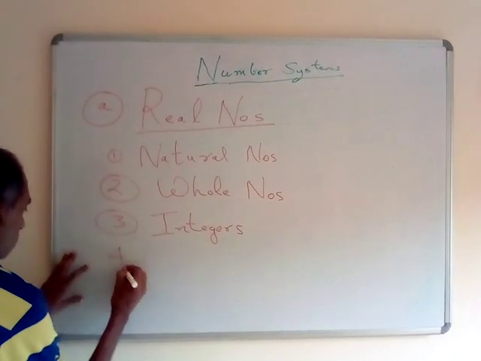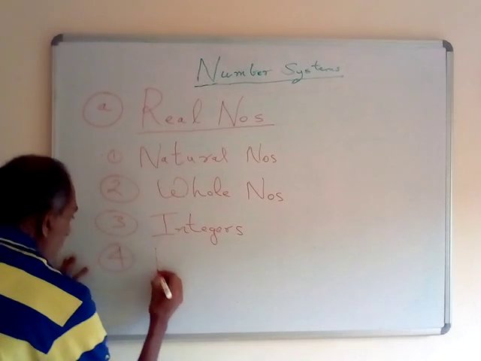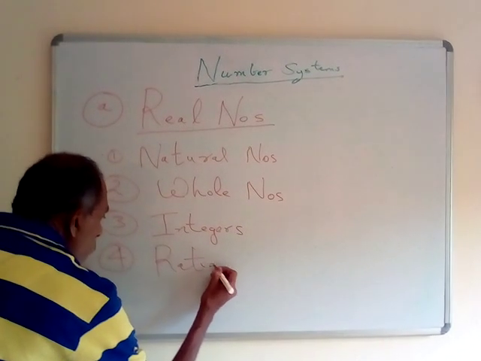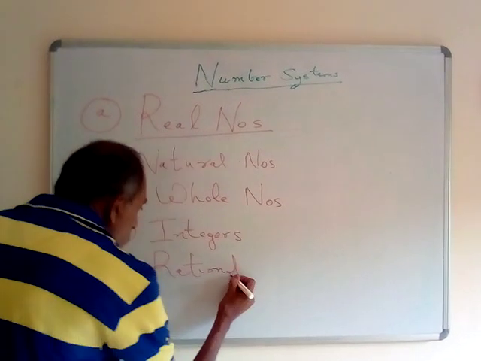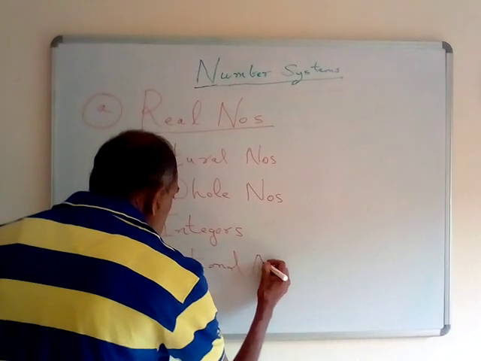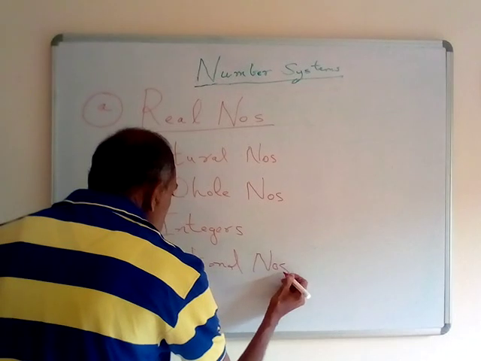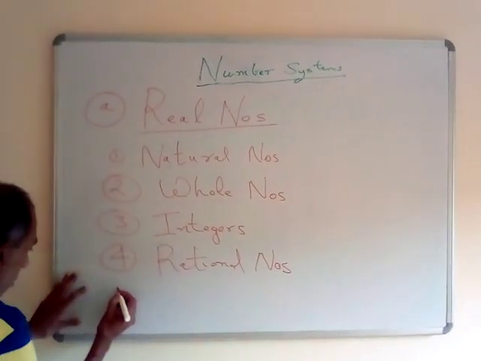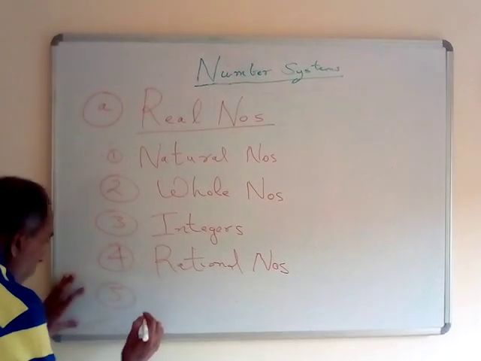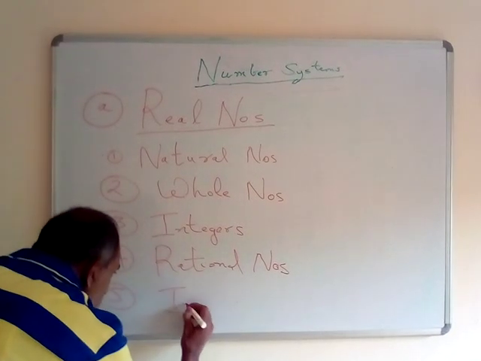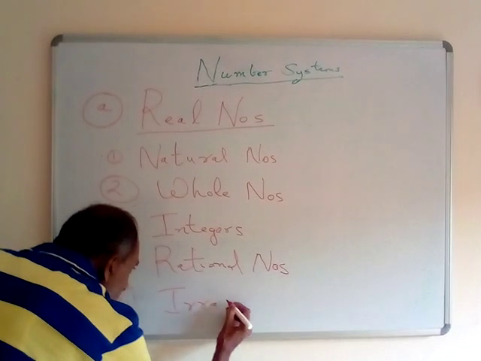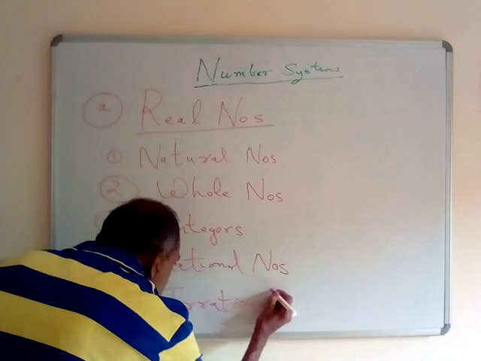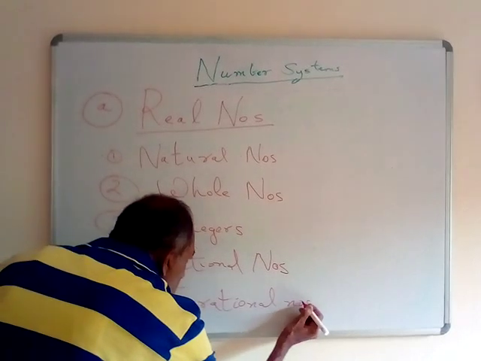Fourth, rational numbers. And fifth, irrational numbers.